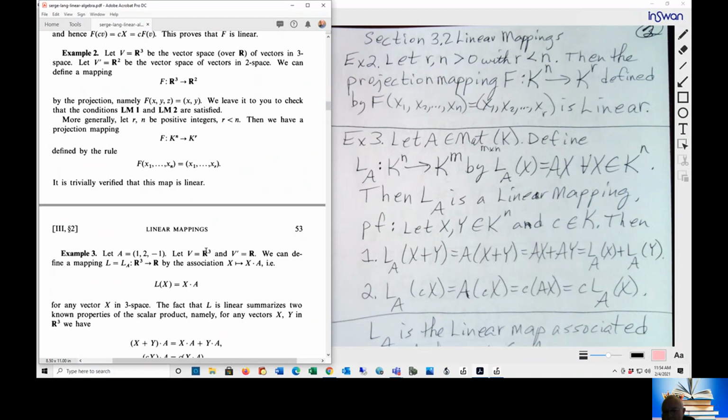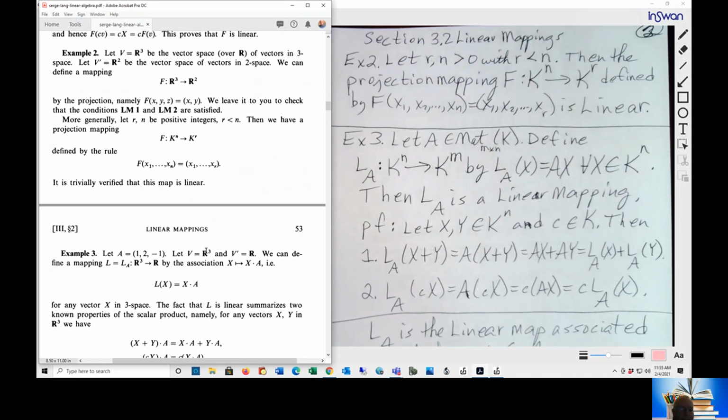That is, whenever you knock off xr plus 1 to xn, you have, again, a linear mapping. It's very simple to see that. Usually, you've seen such projections going from maybe R3 to R2 or R2 to R1 or R3 to R1.